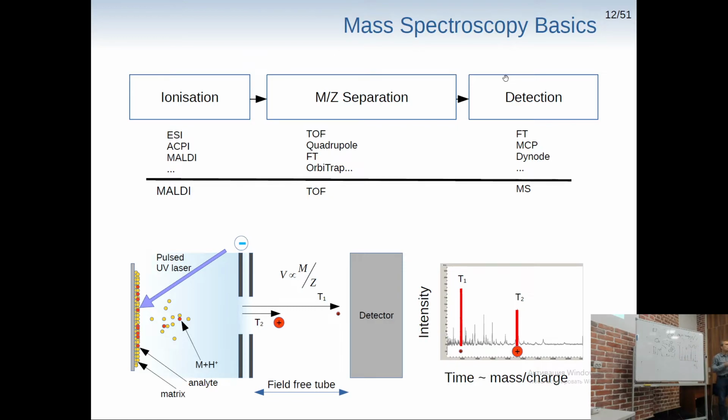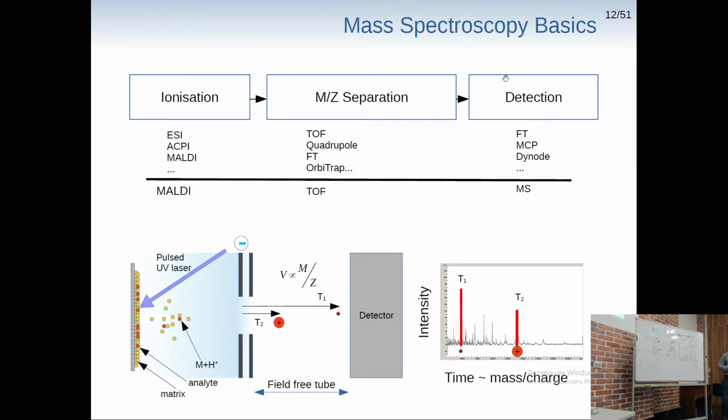It's easier to interpret, and historically it was the first ionization condition to get just those positive species. But actually we can get both. We can analyze even with negative charge, but it's a specialized case.